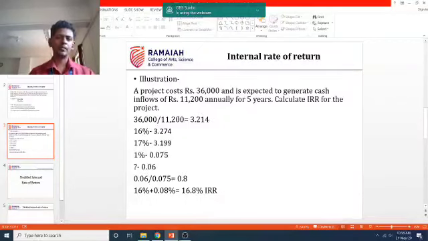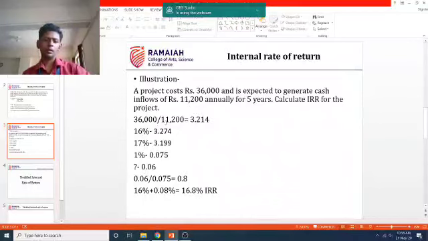To give a brief summary of the entire thing. Step number one, the project cost, 36,000 in this case, divided by the annual cash flow, gives you 3.214.